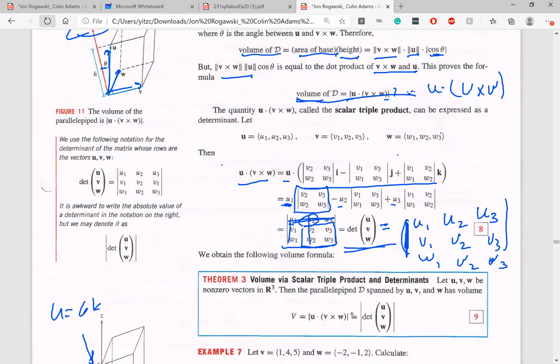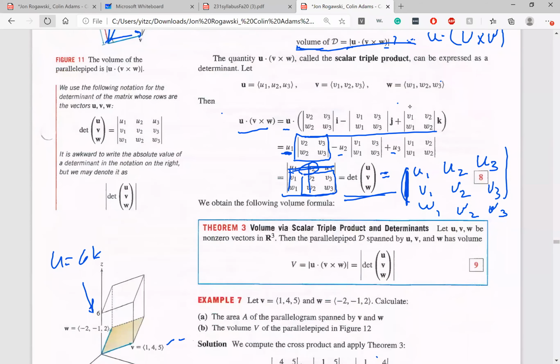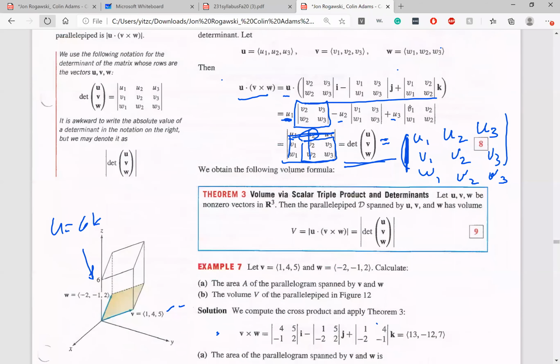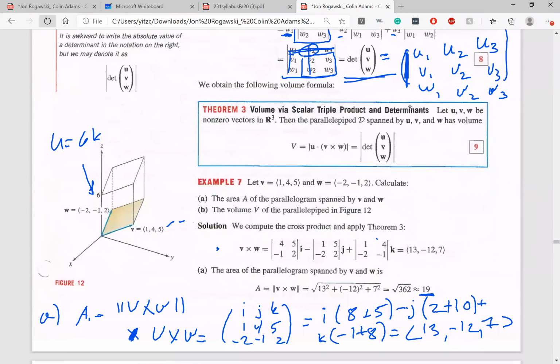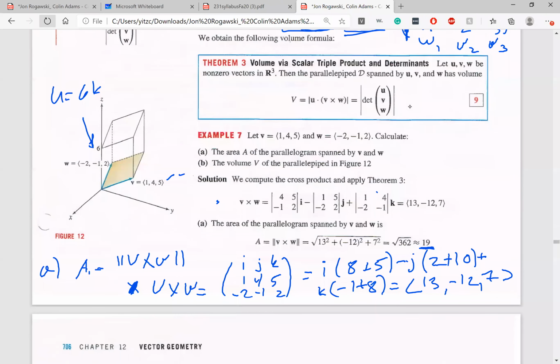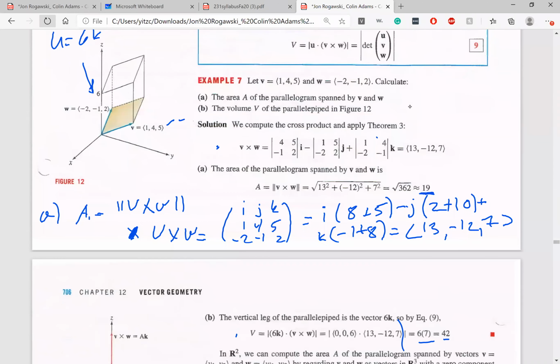Either one of them works, but that's what you need it for, and that's basically it.